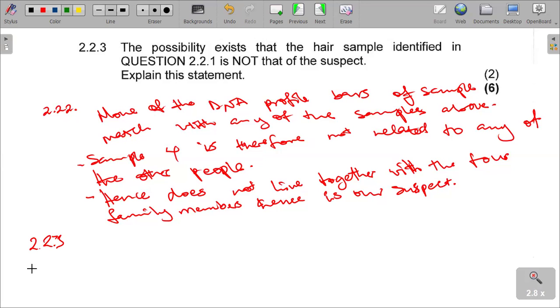The point is that there are possibilities that the hair could belong to anybody who visited the house.